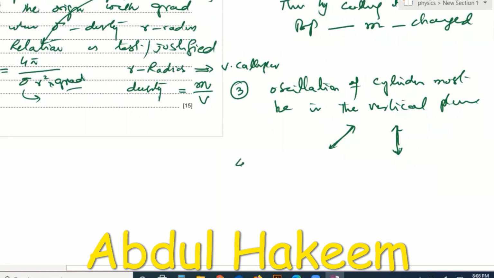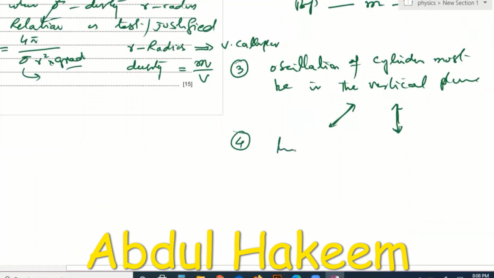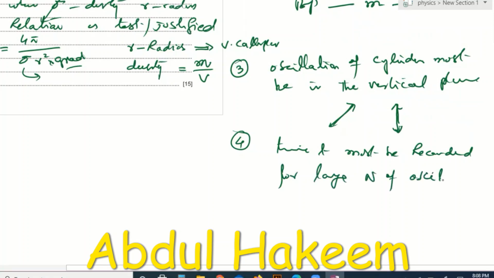Number 4, time must be recorded. Time T must be recorded for a large number of oscillations to reduce human reaction error.